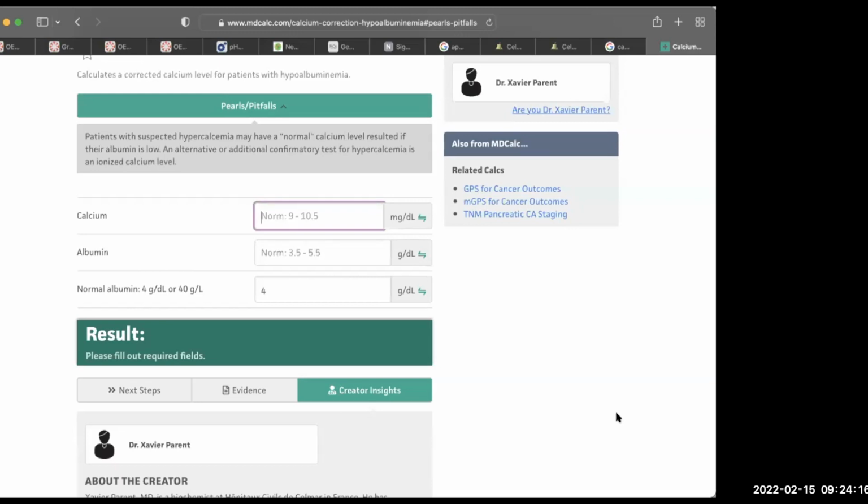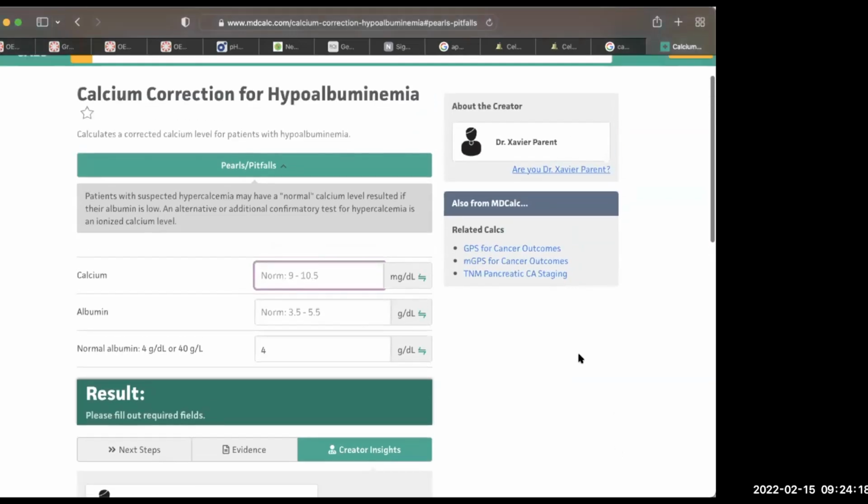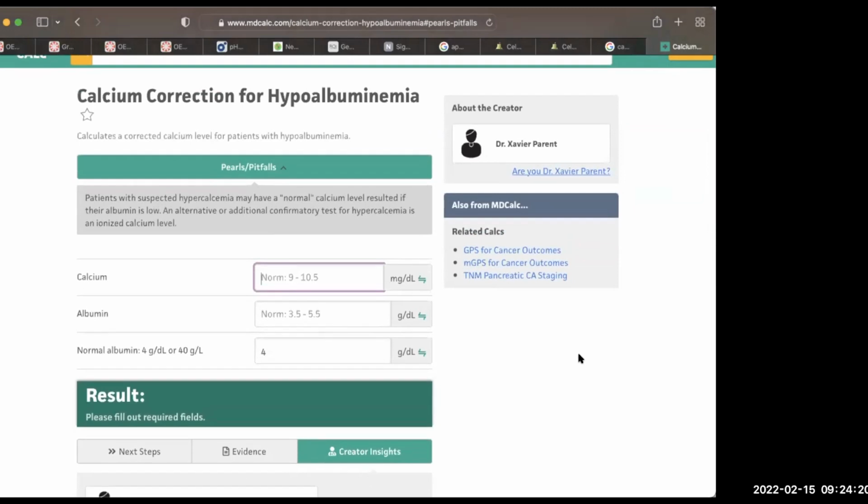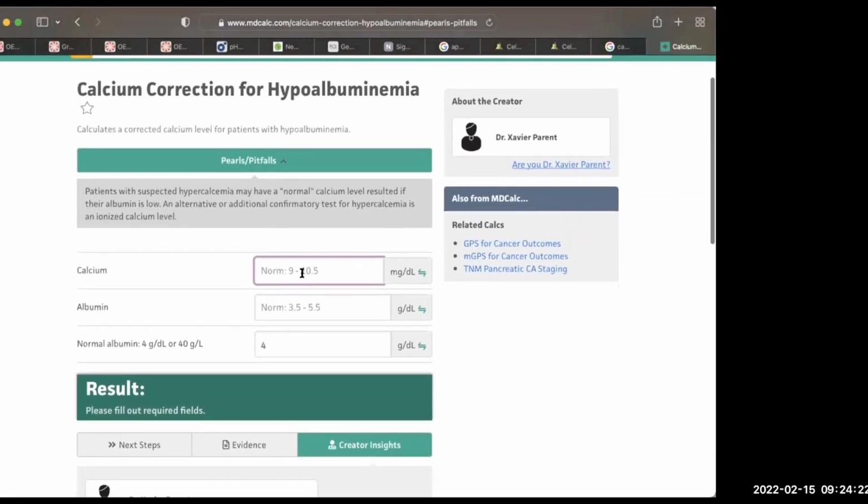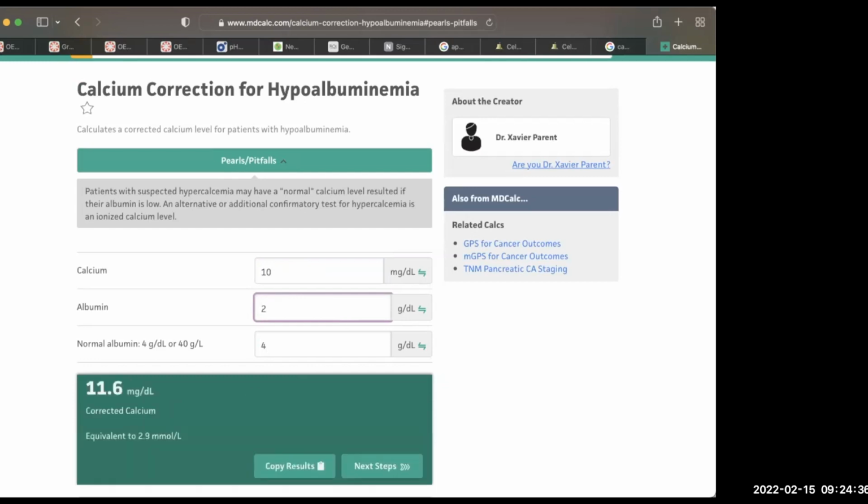Okay, so this is just a calculator for correcting calcium. Let's say we draw calcium and it's 10, and we're going to go with 4 as our normal albumin. Then we notice the patient has an albumin of 2.